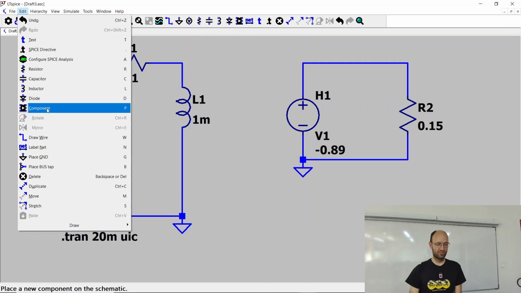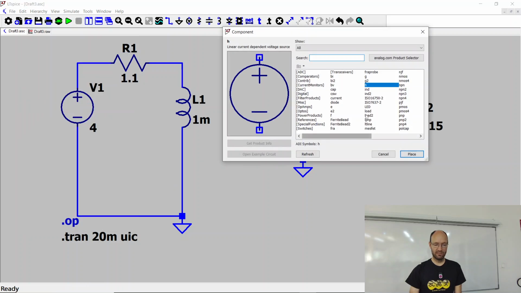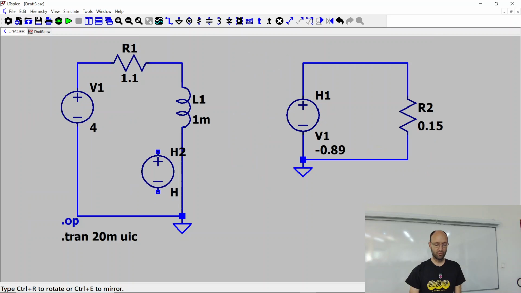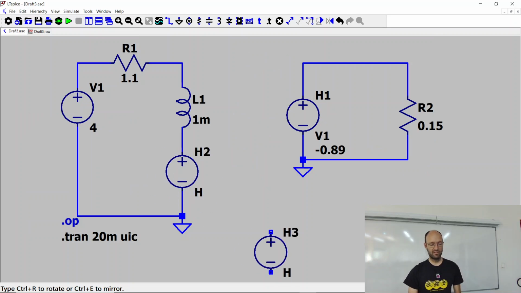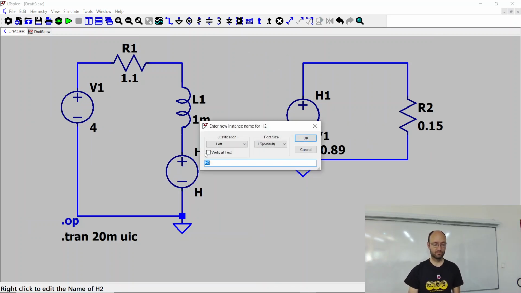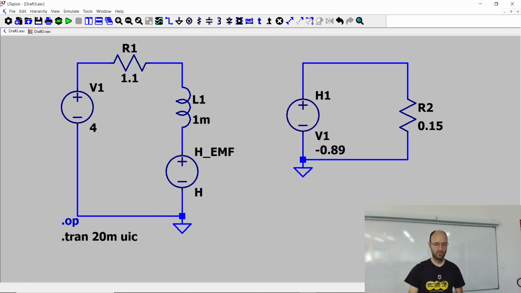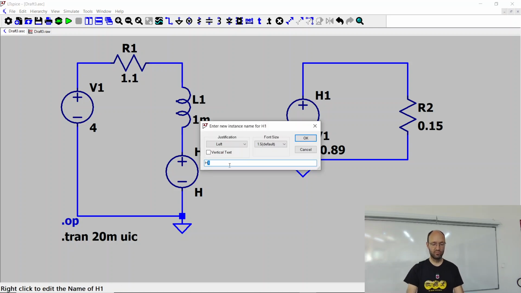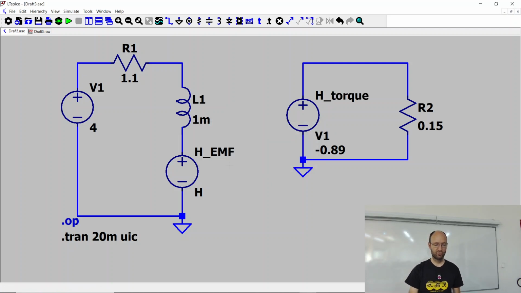And we'll use once again this H source component, place it here, and I will name this H EMF for the counter electromotive force, and I will maybe rename this to H torque because this was the one creating the torque.